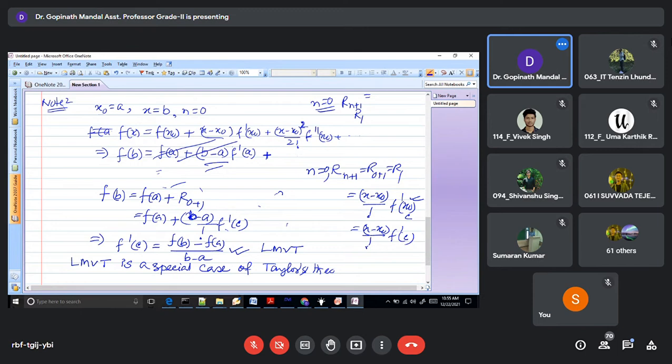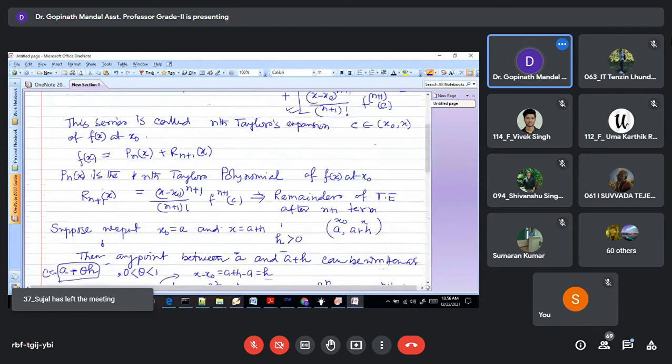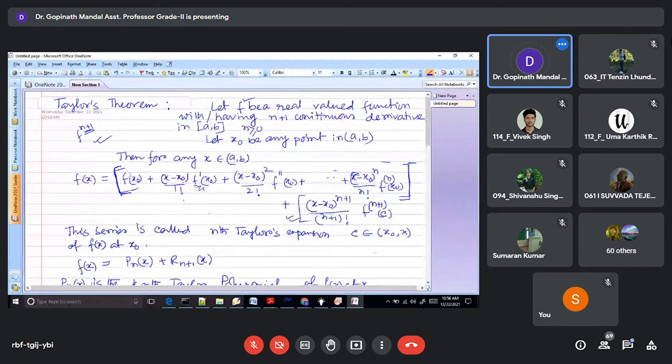Sir, n equal to 0 means the function is only one time continuous derivative? If n equal to 0, what is the meaning, sir? Means the function has only one time continuous derivative or 0 times continuous derivative.